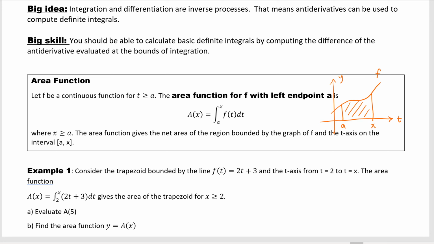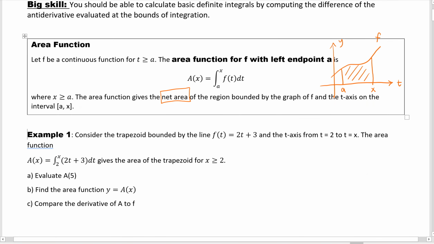This area gives the net area of the region bounded by the graph of f and the t-axis on the interval from a to x. Last time we talked about the net area being the definite integral. The total area is the definite integral of the absolute value of f of t. So that is the area function.